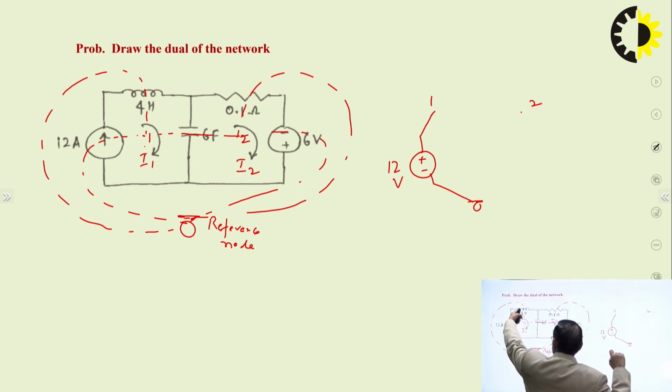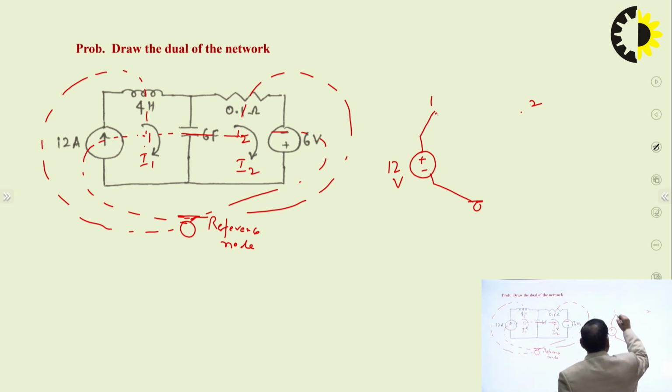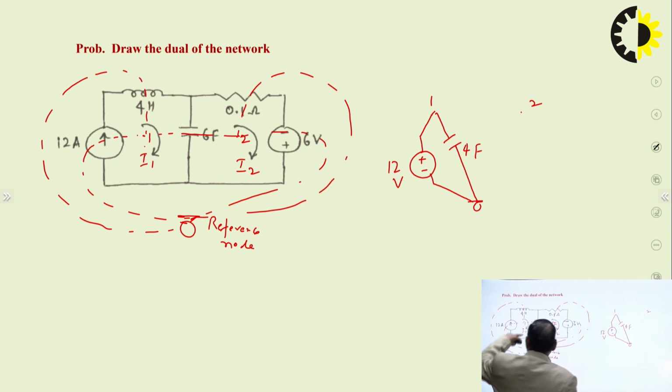Then 1 to reference we have the 4 Henry, so we have the 4 farad, because the dual of the inductor is the capacitor. Now look at the 6 farad capacitor, it is in between mesh 1 and mesh 2. Mesh 1 corresponds to node 1 and mesh 2 corresponds to node 2, so in the dual network it will be between node 1 and node 2.